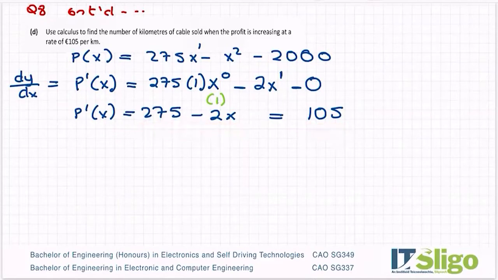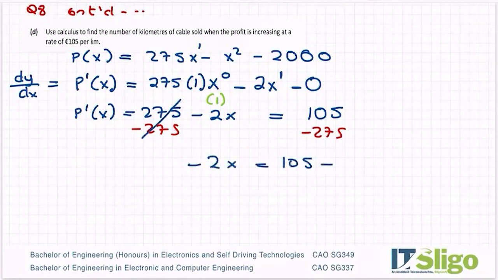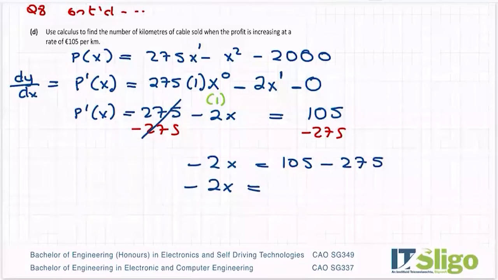Okay, so minus 275 from both sides, or bring that 275 over and it becomes minus, whichever way you want to do it. Either way, you end up getting 105 minus 275. So minus 2x is equal to, let me just do that in my calculator, 105 minus 275 is minus 170.